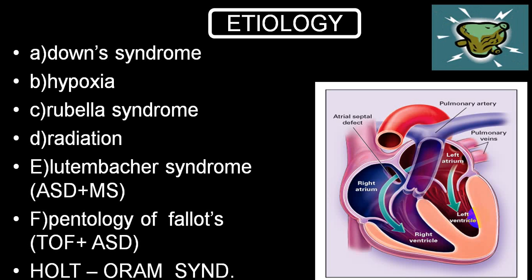If ASD is associated with TOF, tetralogy of Fallot, it is called pentalogy. And there is another congenital defect where you have a defect in the radius bone along with other congenital defects. It is called Holt-Oram syndrome.